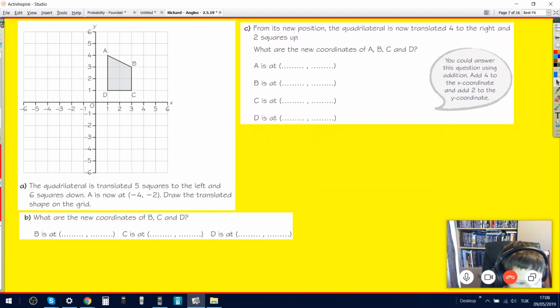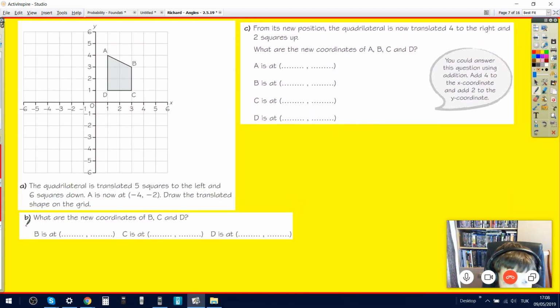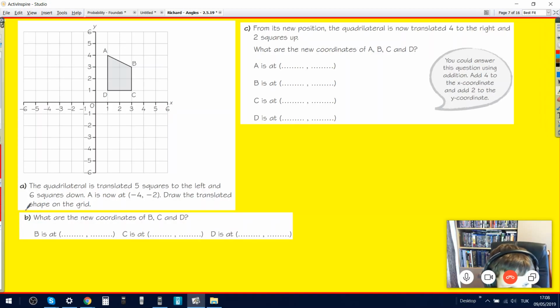Okay, so we'll start with part A. The quadrilateral is translated 5 squares to the left and 6 squares down. A is now at -4, -2. Draw the translated shape on the grid. So the first number is -4, which would be on the x-axis, and the -2 would be on the y-axis.